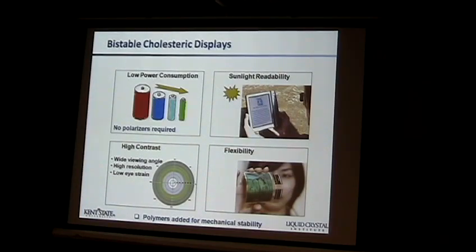Anyone? Okay. Nanoparticle colloids: these destroy the orientations, make it imperfect. As long as you make the helix imperfect, you get this wide viewing angle. That's one way of putting in a small amount. You put in one polymer permanently, so at zero voltage the state will stay the same.